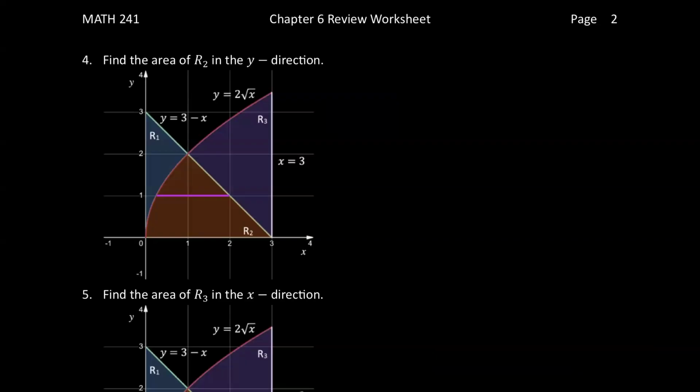But remember to write it in terms of y. So this one, remember, x is 3 minus y. And this one, x is y squared over 4.